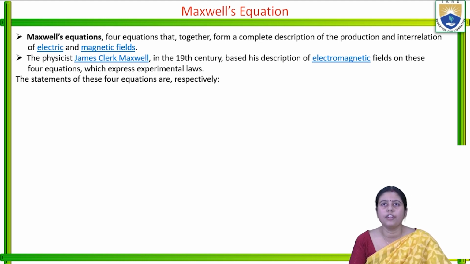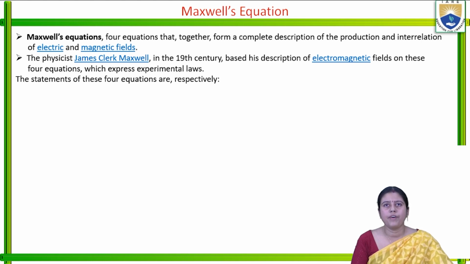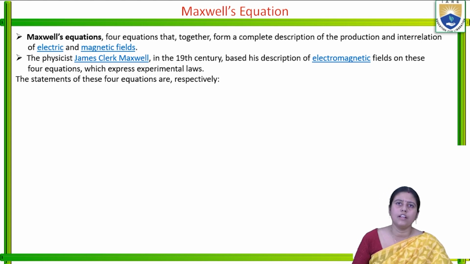Maxwell has 4 equations that together form a complete description of the production and interrelation of the electric and magnetic fields. The physicist James Clerk Maxwell in the 19th century first described the electromagnetic field equations, and they are expressed with experimental laws.